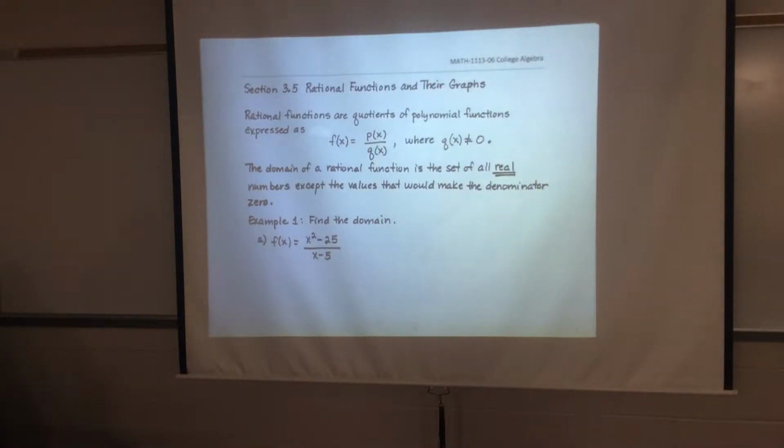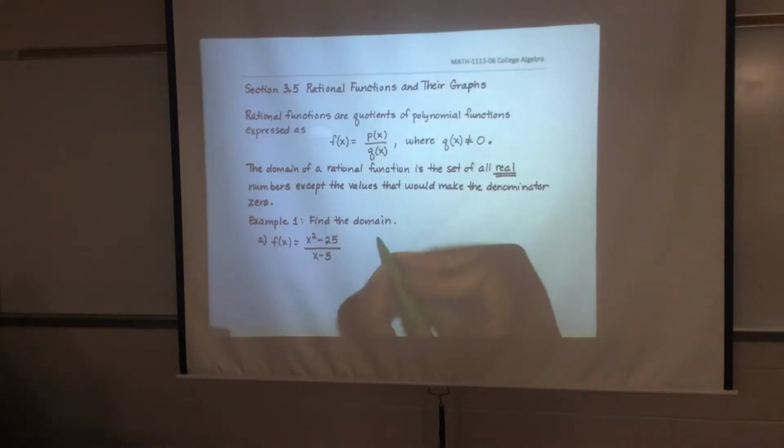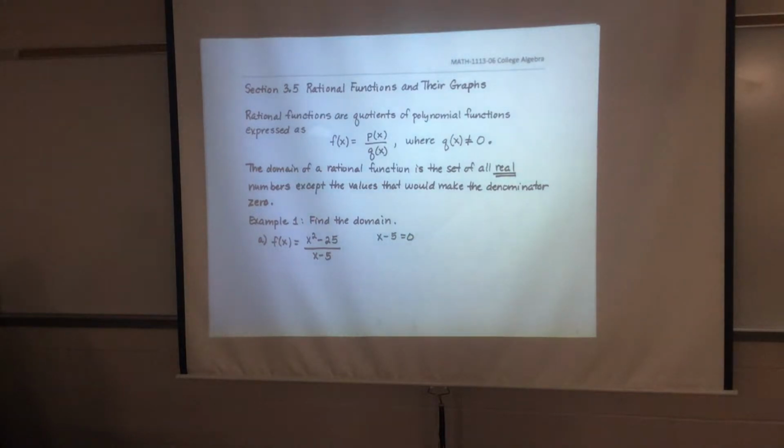We want to find out what values of x give a 0 in the denominator, so I take that x minus 5, set it equal to 0, and solve for x. So x minus 5 equal to 0 means x is equal to 5. So at x equals 5, I'm going to get a 0 in this denominator, okay?